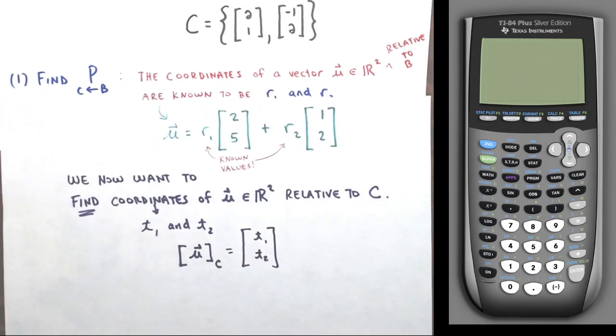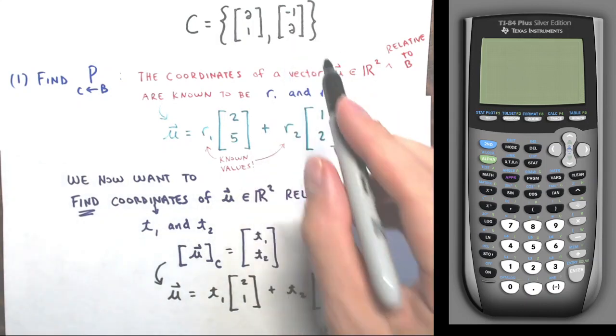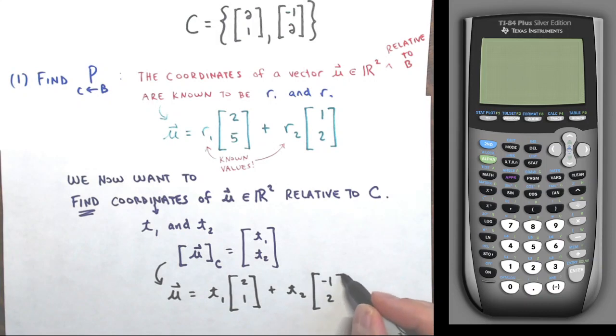When I say this coordinate vector relative to C is T1, T2, this means that the vector u can be written as T1 times the first vector in basis C, which is this vector 2, 1, plus T2 times the second vector in basis C, this negative 1, 2 up here.